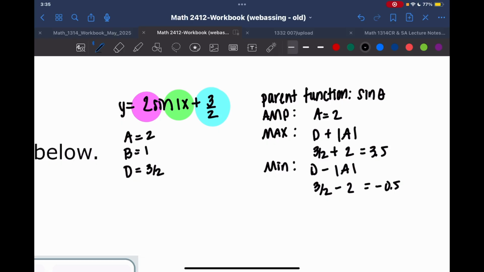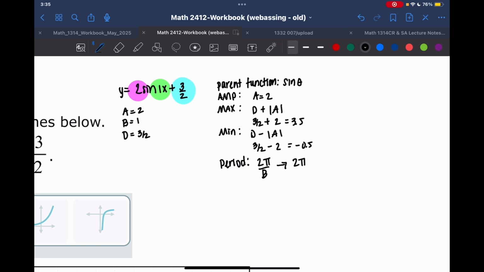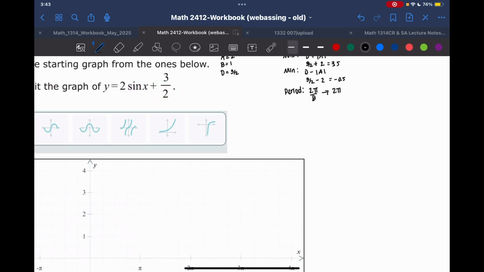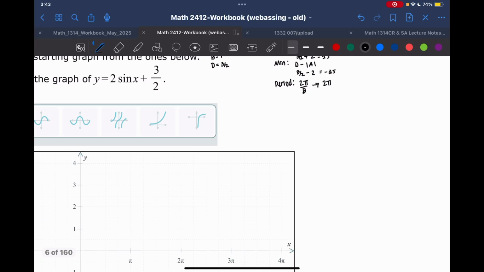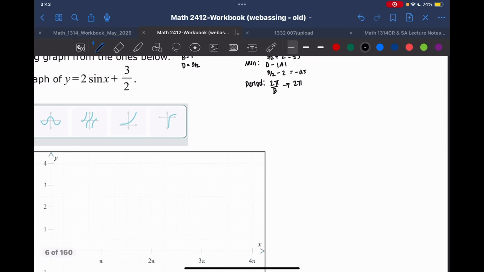And then we need to determine the period. The period is going to be 2 pi over B, which is just 2 pi because B is 1. So when we divide our period, we're making the table based on the period.